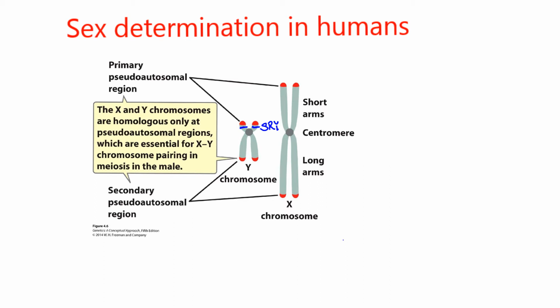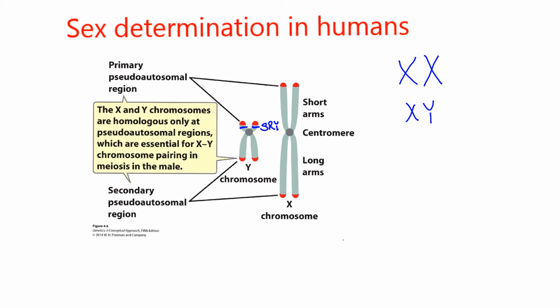In other words, if an individual does not have a Y chromosome, if it possesses X chromosomes, XO or XX, it becomes female. However, if an individual possesses a Y chromosome, it will develop into male. Of course, there are certain exceptions, very rare disorders, which we will talk about later.